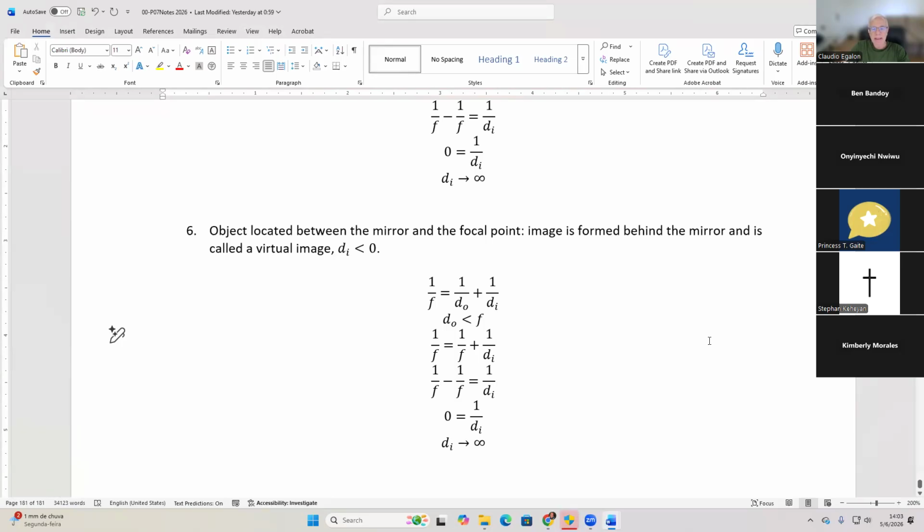If d naught is less than f, I'm going to put 1 over d naught right here on the left side. So you can see if d naught is less than f, it also means that 1 over d naught is greater than 1 over f.